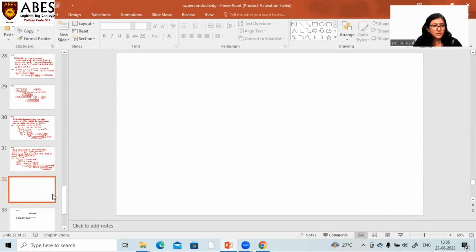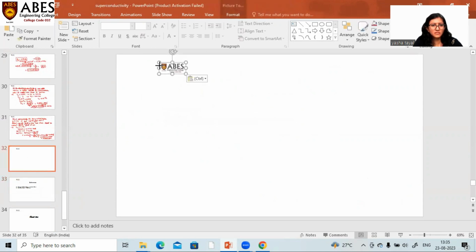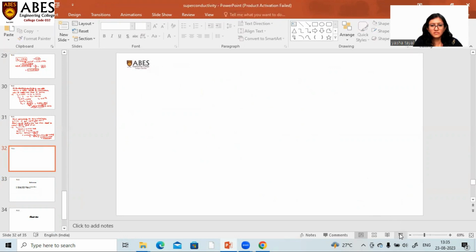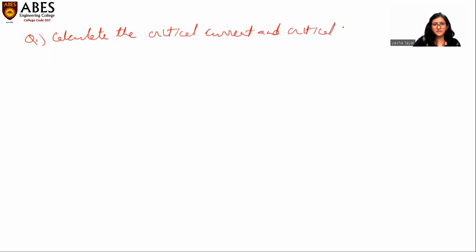Now, the next numerical again, which is very important, I'm going to use here is: calculate the critical current and critical current density for, so we're going to take a different material.